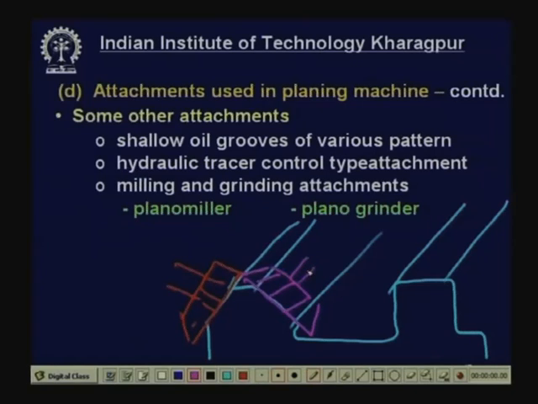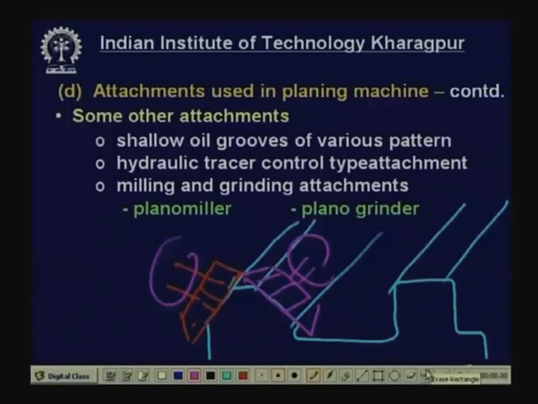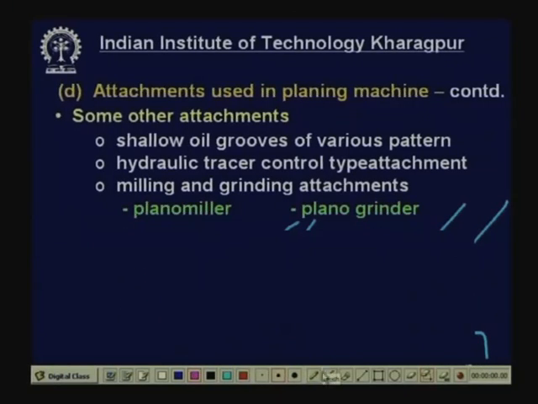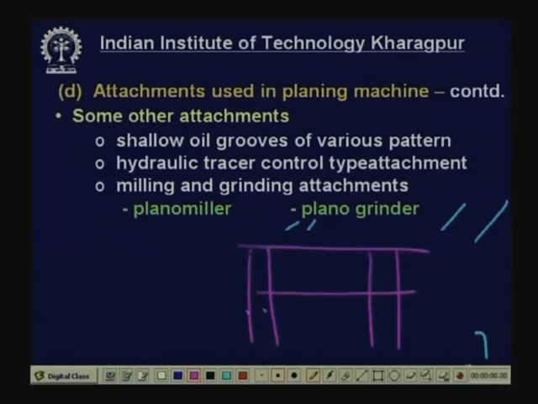and these face milling cutters will replace the single point tool. A single point tool does not require any motion, but the milling cutters require rotation. So, these milling heads will replace the single point tool head, and they will be mounted on the vertical columns of the milling machine or on the horizontal column.